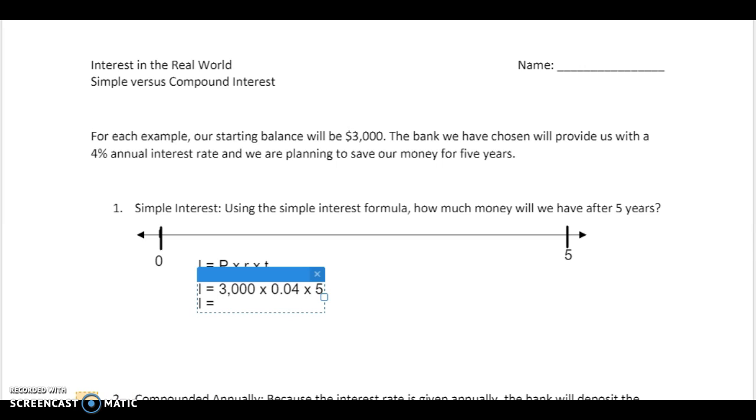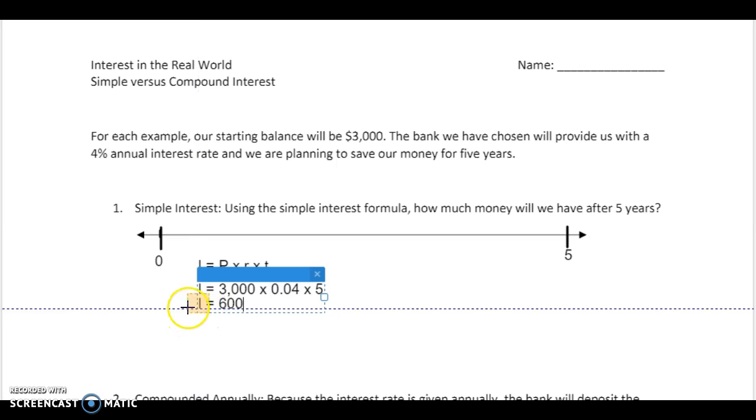Now, your calculator will tell you that the interest then would be $600. Now, at which point I'm hoping you guys are realizing that $600 doesn't make a whole lot of sense here, because it says how much money will we have after 5 years. And there's no way I'm going to only have $600, right? Because remember, what I figured out, if I'm going to use this equation, it says interest.